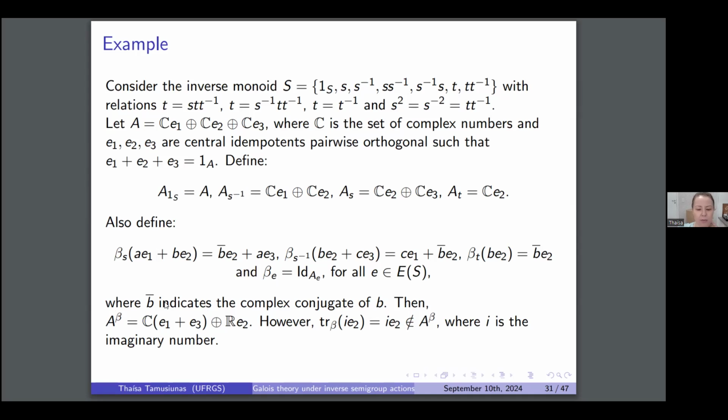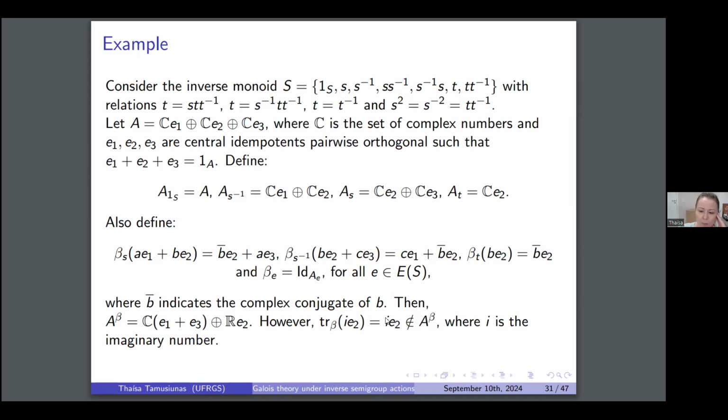This is the subring of invariance here. However, if we consider this particular element, for instance, i, the imaginary number, multiplied by this idempotent, the trace map applied on this element is itself.